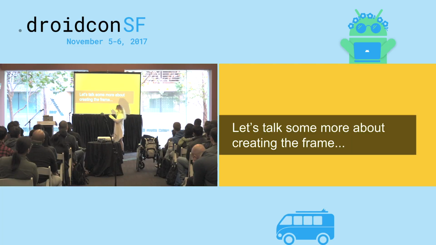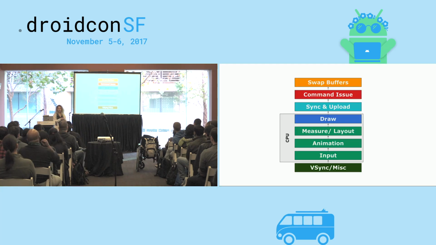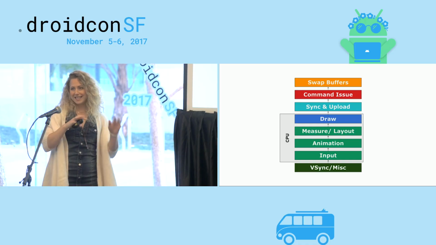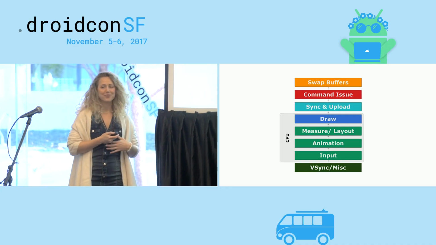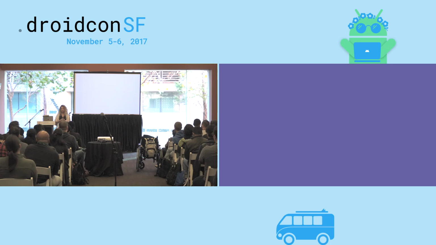OK, awesome. So let's talk a little bit more about what it is to create a frame. I think that much of that is kind of familiar to you. So we talked about these steps. I'm going to show you this slide a couple more times. And let's see what's going on with the CPU stuff.